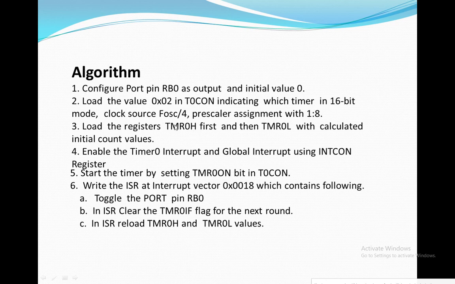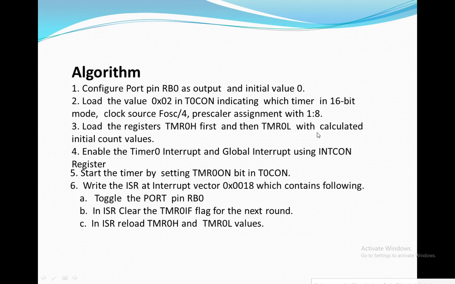After that we will load 85H and EEH in the timer 0 higher byte and timer 0 lower byte respectively. These are the initial values for the timer, and from these initial values the timer will start incrementing by 1 on every clock signal, until it reaches its maximum value, FFH.